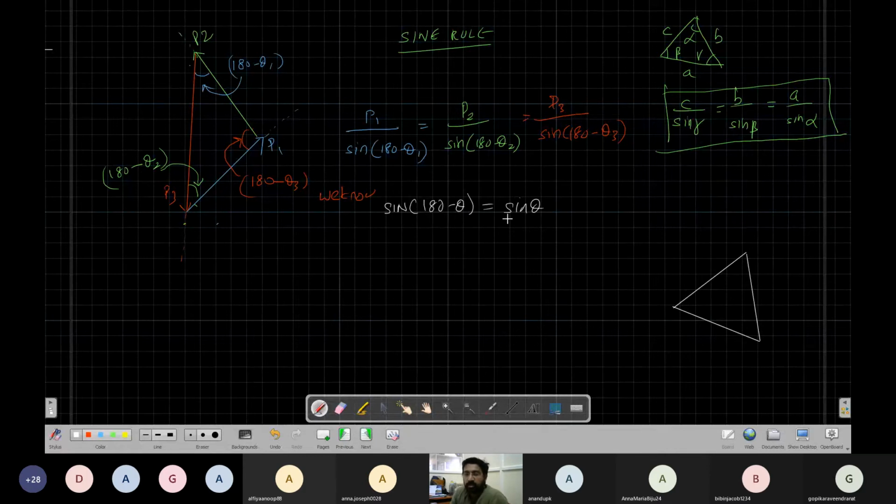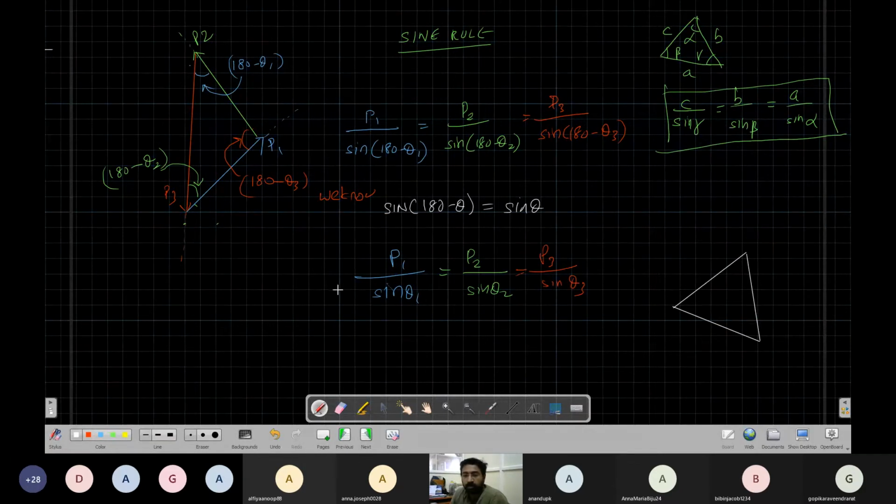So this gives me P1 upon sine theta 1 equal to P2 upon sine theta 2 equal to P3 upon sine theta 3.